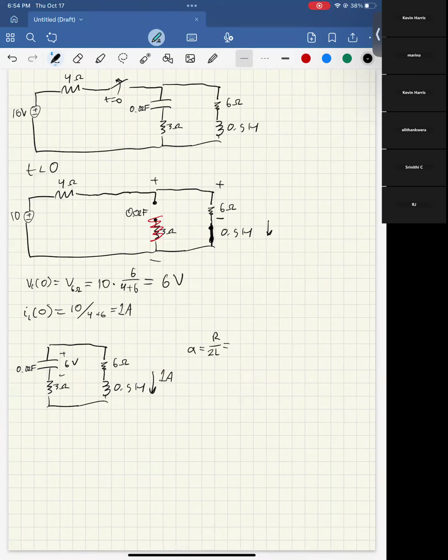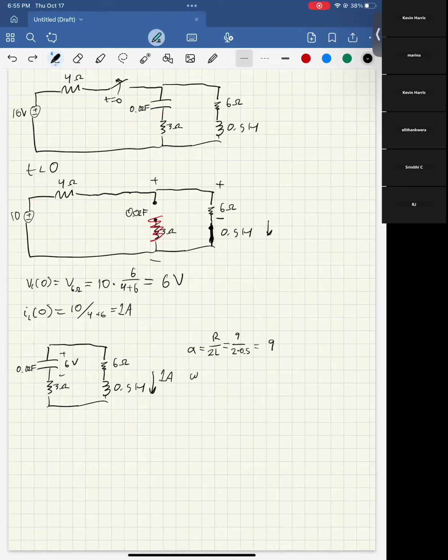Which is going to be 6 plus 3, so 9 over 2 times 0.5, which is simply going to be 9. And it has a unit of 1 over a second, but you don't have to care about that.